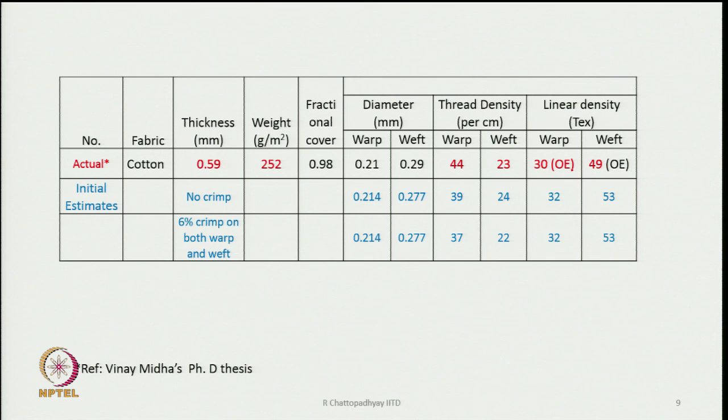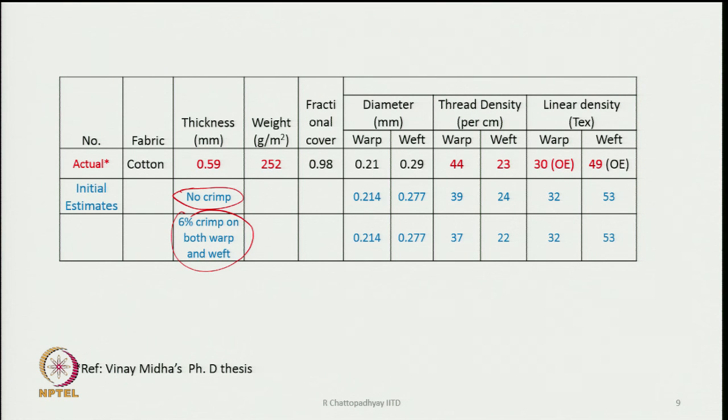So, these are the actual values which have been used to make this fabric, and the calculation we have made on the two assumptions, no crimp and 6% crimp, gives corresponding values of especially thread density and linear density, these two being what we require in order to produce the fabric.